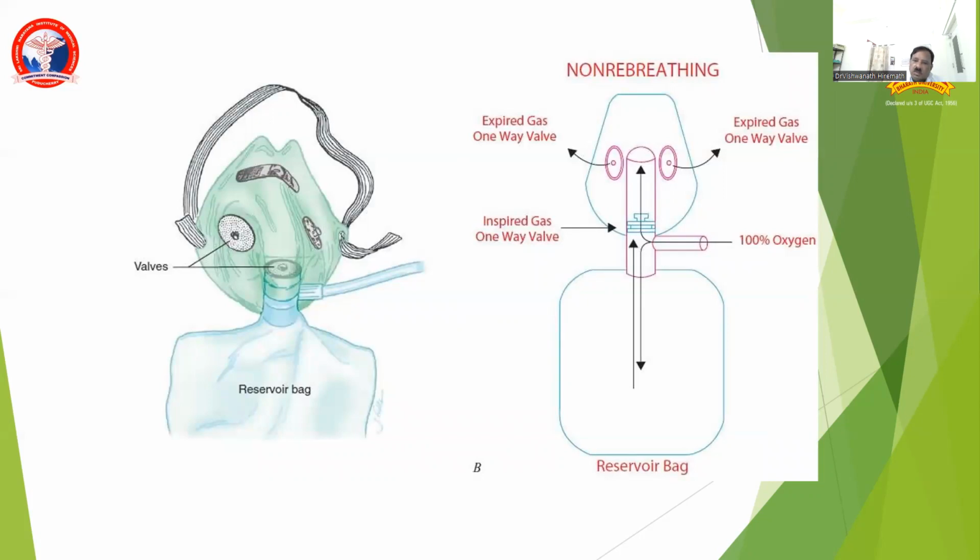100% oxygen fills the bag. It opens during inspiration. Expired gases spill out through the exhalation valve.